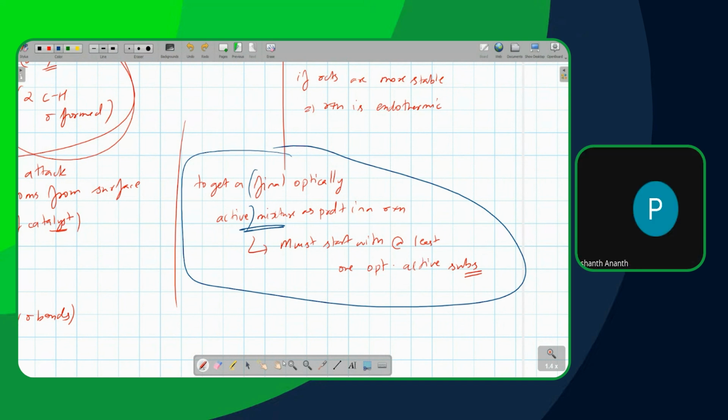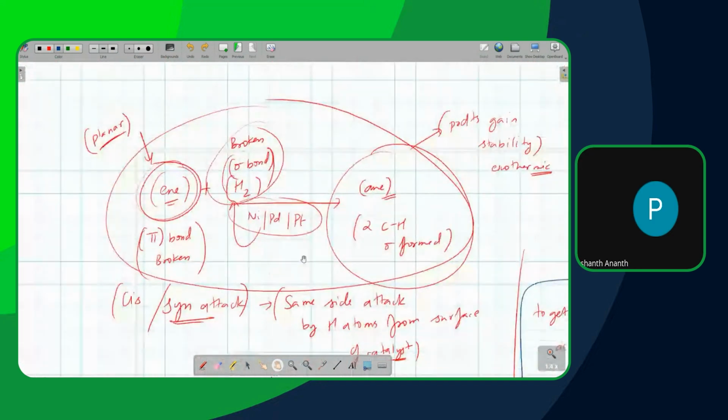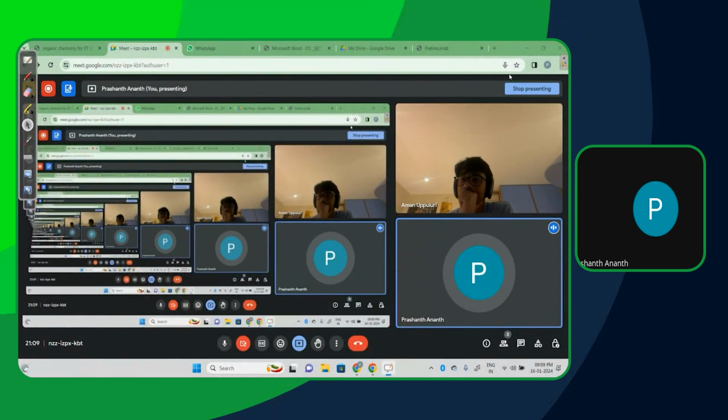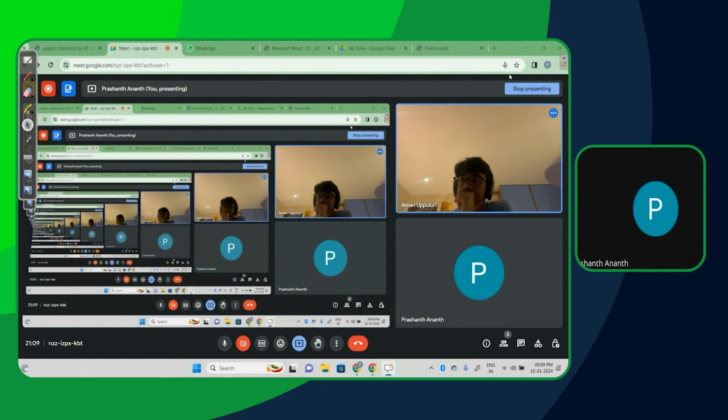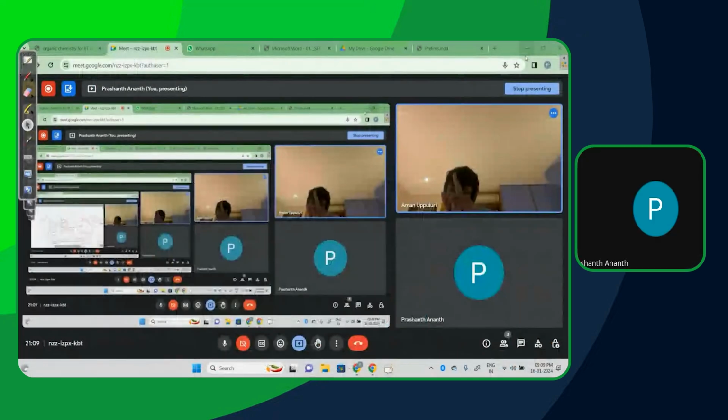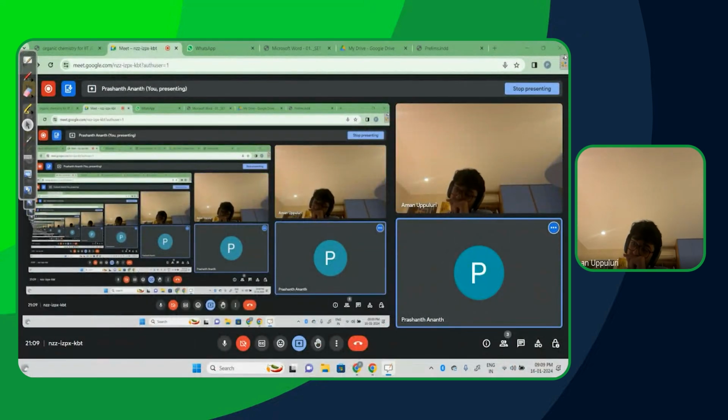Now, let's come back to this here. In any hydrogenation reaction, are you ever going to have anything optically active in the beginning? No. Again. Yes. How so? Wait.